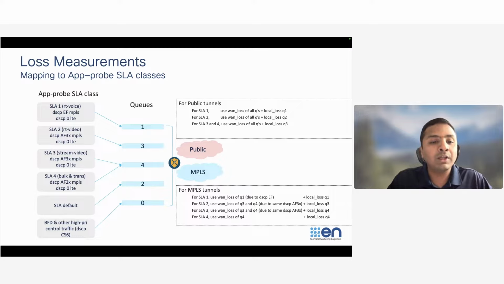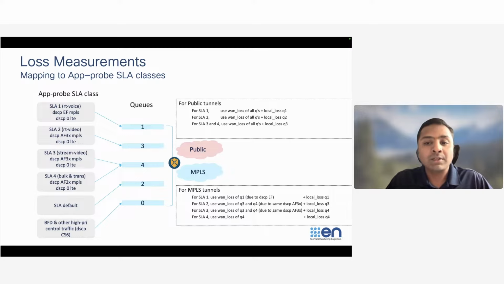Likewise, for SLA3, we use the WAN loss average of Q3 and Q4 because of the same DSCP, and we use just the local loss of Q4. And for SLA4, it's local loss of Q4 and WAN loss of Q4. So this is how granular we can get when you have app probe class and you use these app probe classes to map an SLA to a queue on the SD-WAN edge device.